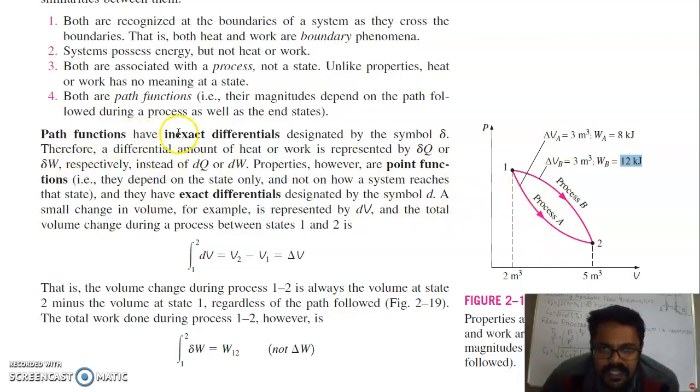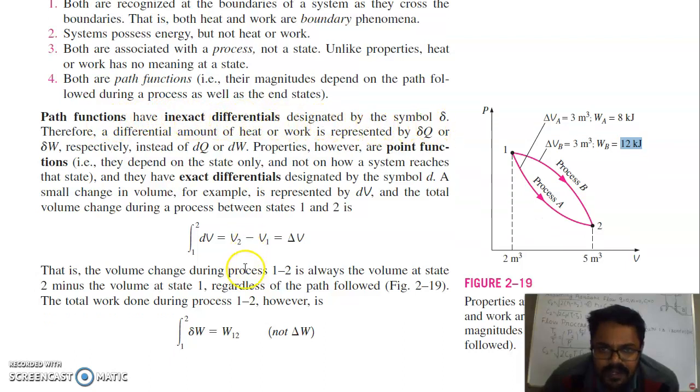So path functions have inexact differentials designated by the symbol delta. You can say this is your work, and work is denoted by delta. Why delta? Because it is an inexact differential, while your volume, which is denoted by dV, has an exact differential, V2 minus V1.